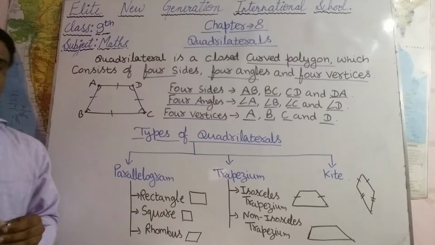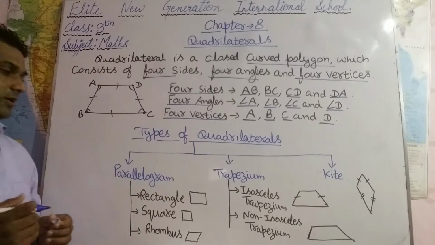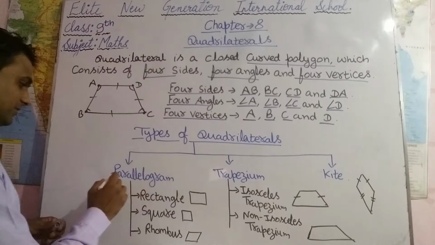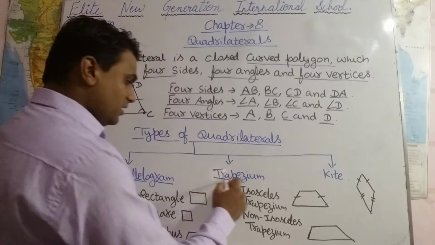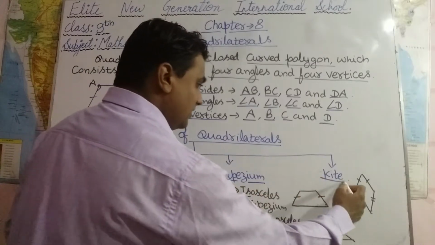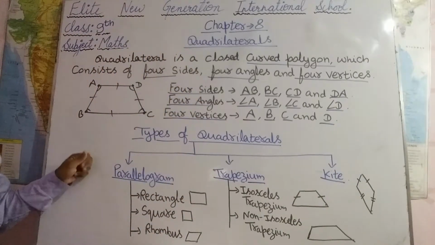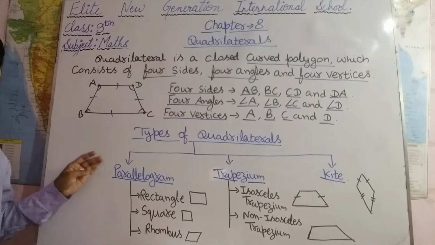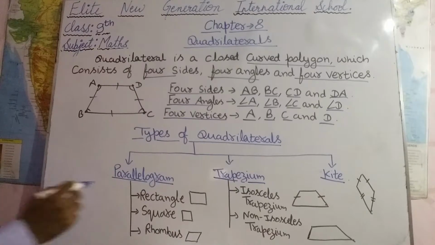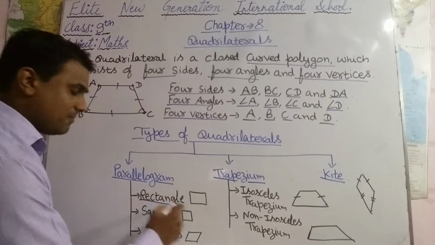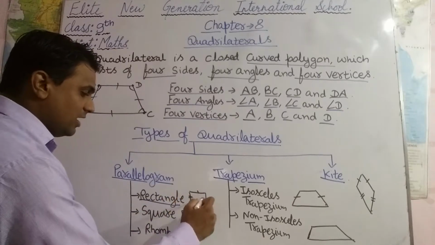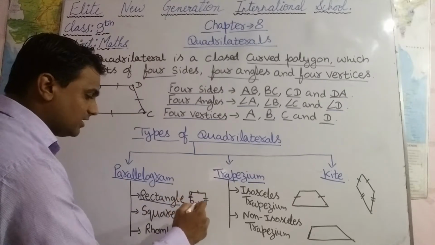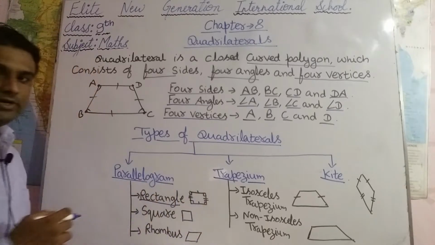Now, types of quadrilateral. Basically quadrilaterals are divided into 3 parts: parallelogram, trapezium and kites. Parallelogram is further divided into 3 parts. First, rectangle. All of you know about rectangle: opposite sides are equal and all the angles are equal to 90 degrees.